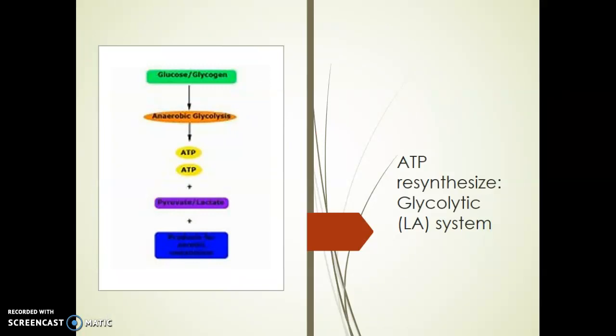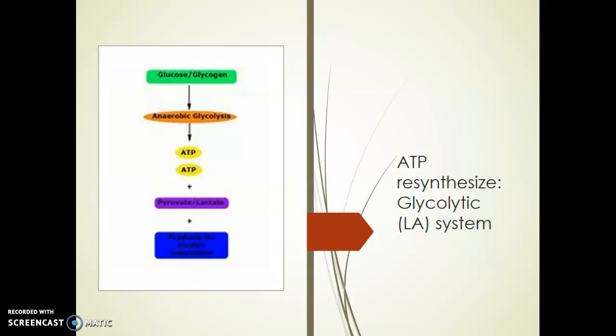Another energy system used is the glycolytic system. This can also be named the lactic acid system. It is also an anaerobic system and lasts around 2 to 3 minutes. The word glycolytic means the splitting of glycogen or glucose into energy. The system works by glycogen breaking down into glucose by enzymes called glycogen phosphorylase.